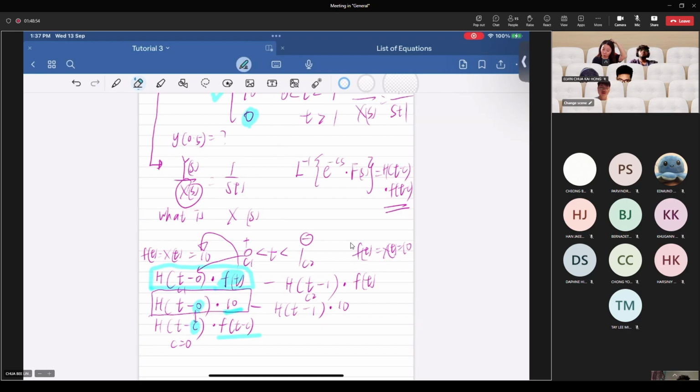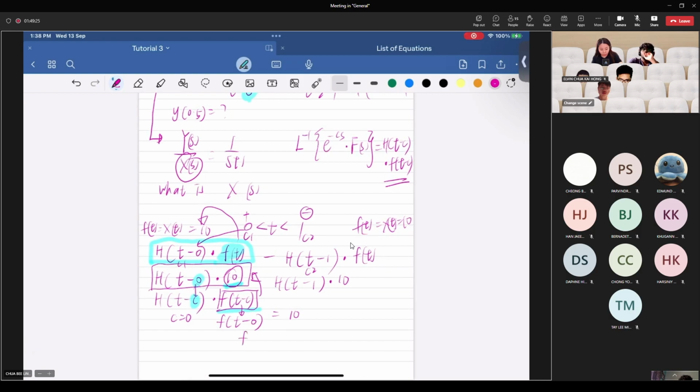This is the one you have learned in your maths 2. So then we solve the first part first. We compare and get the answer c equals 0 for this one. So you'll have your f(t minus 0) if you do the comparison, and this will give you 10. So it's 10. You change to the function f of t, it will still be 10. Then the Laplace of this will give you 10 over s.